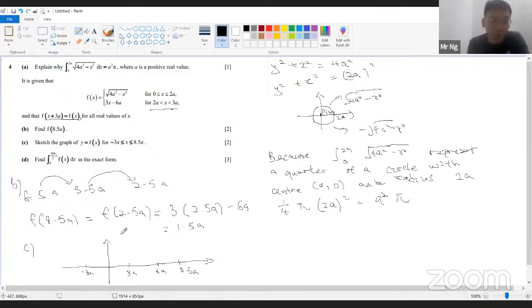So this one is like we said just now, it's just a quarter circle. Now when x is equal to 2a, y equals 0, so it will start from here. Now when this one is 3a, you're going to reach 9a. 9a minus 6a is 3a, so you're going to reach around here, all the way to here.